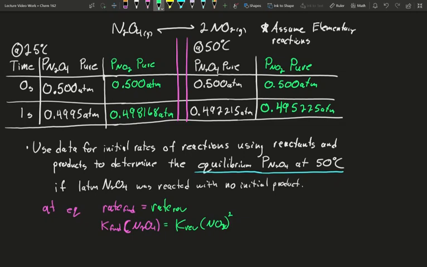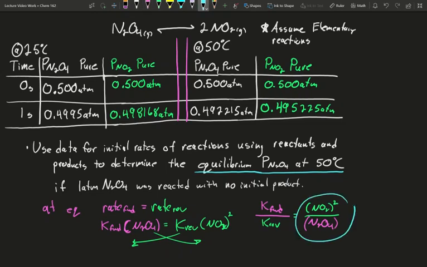Well, we can reorganize this a little bit. We can bring K reverse down. We can bring the N2O4 down. We end up with that the K forward divided by the K reverse must be equal to the NO2 squared divided by the N2O4. So we just reorganize to get constants on one side and our pressures on the other.